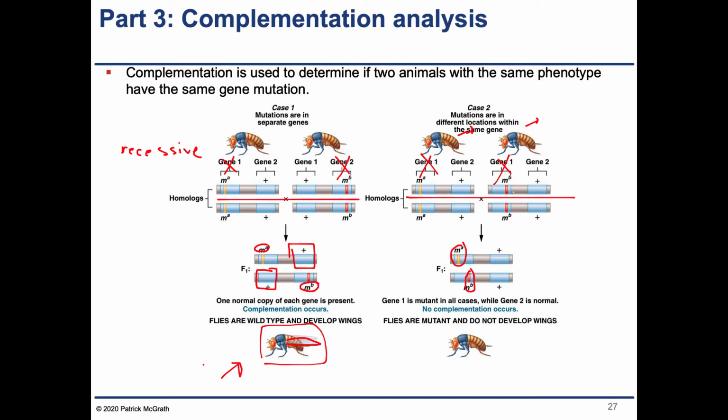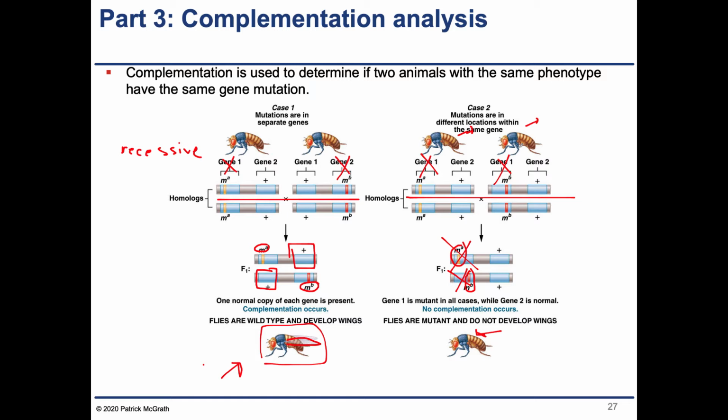In the second case, when the mutant falls within the same gene, in both cases you've knocked out gene 1. And so no complementation occurs. So in this F1 individual, they're not able to build a wing because neither one of the homologous chromosomes is able to supply an intact copy of gene 1.